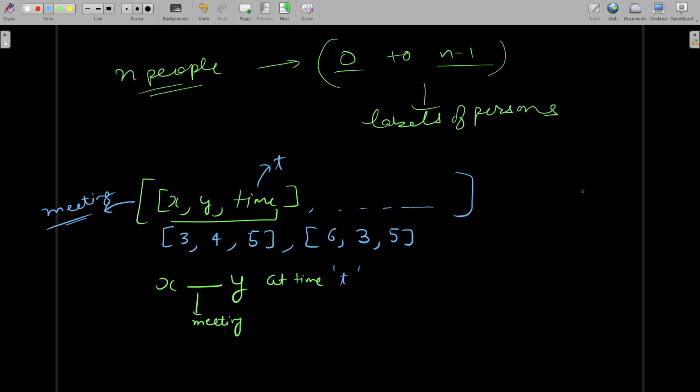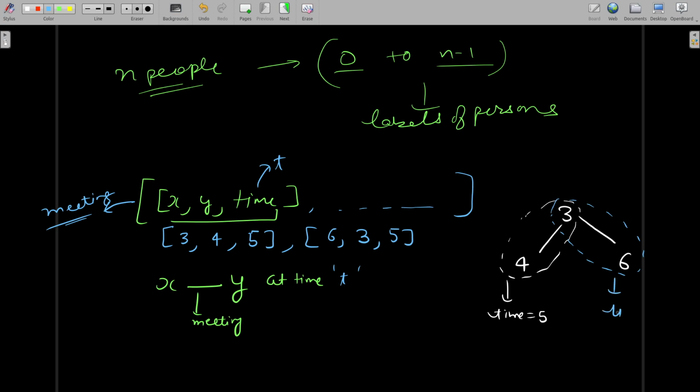So the situation is like this. If you represent it in a graphical form, 3 is having a meeting with 4, and 3 is also having a meeting with 6. Okay, so both of these meetings are at t is equal to 5. So this particular one is at time t equal to 5, and this meeting is also at time t equal to 5.